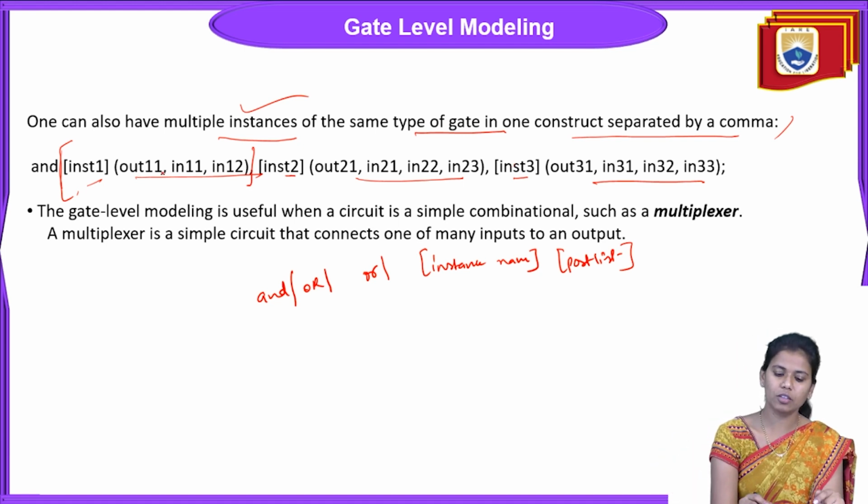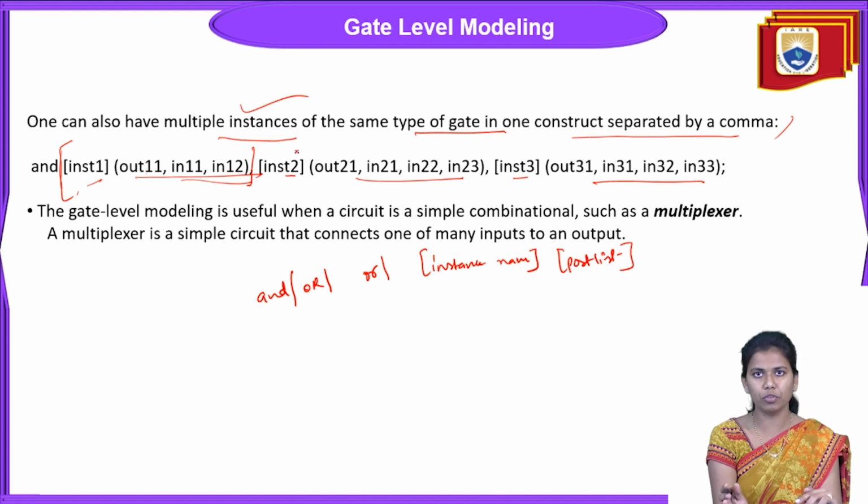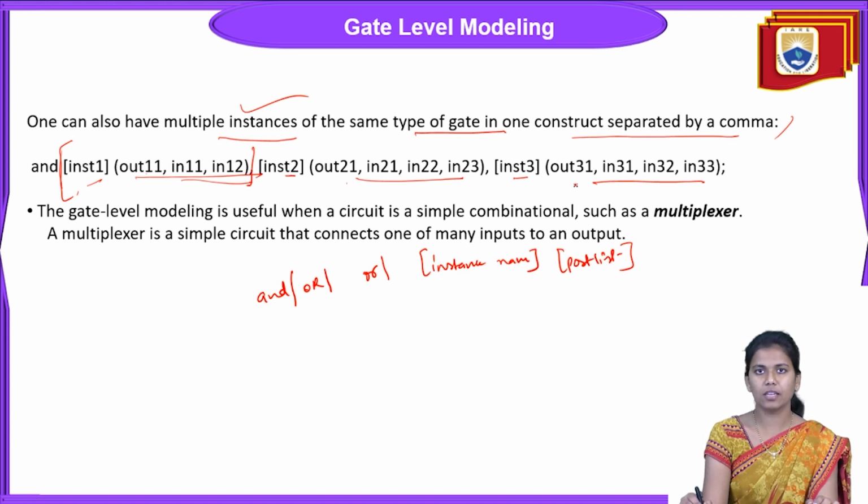In the port list, for instance 1, if it is output, 1_1, and if it is input, 1_1, 1_2, 1_3, 1_4 and so on. For instance 2, you have to mention the output as 2_1 with the input ports as 2_1, 2_2, 2_3 and so on. For instance 3, output 3_1, inputs 3_2, 3_3 and so on.